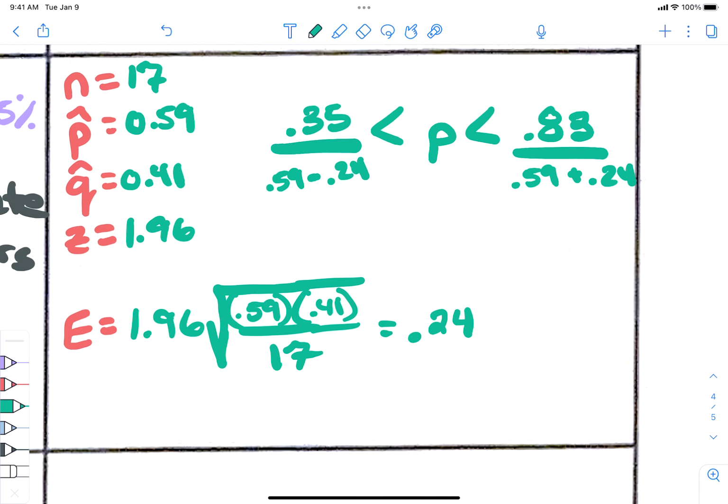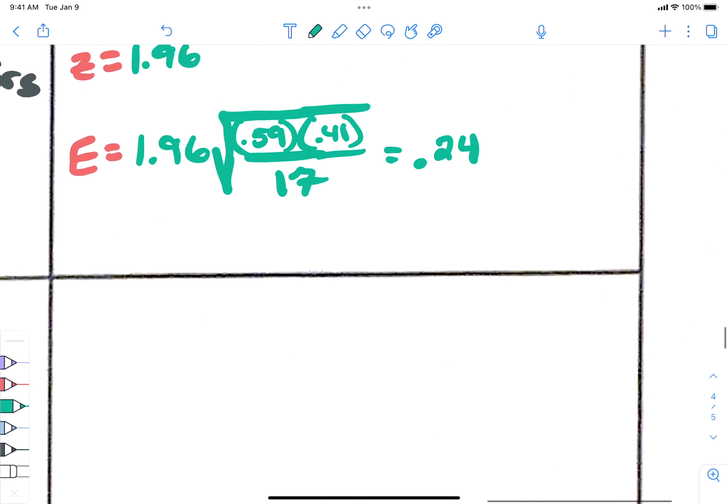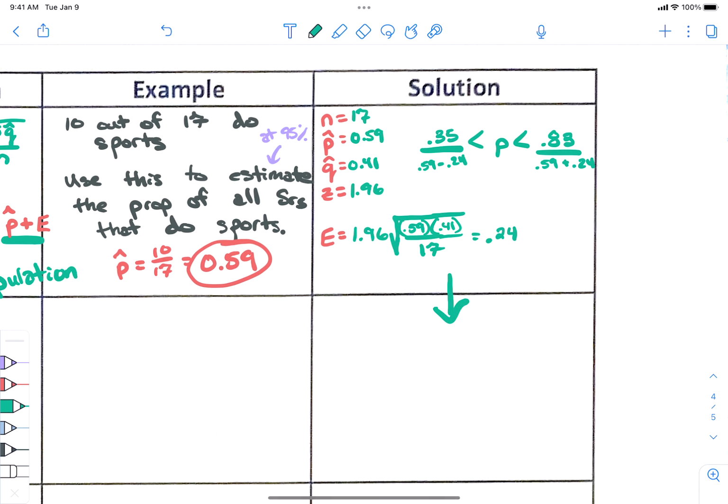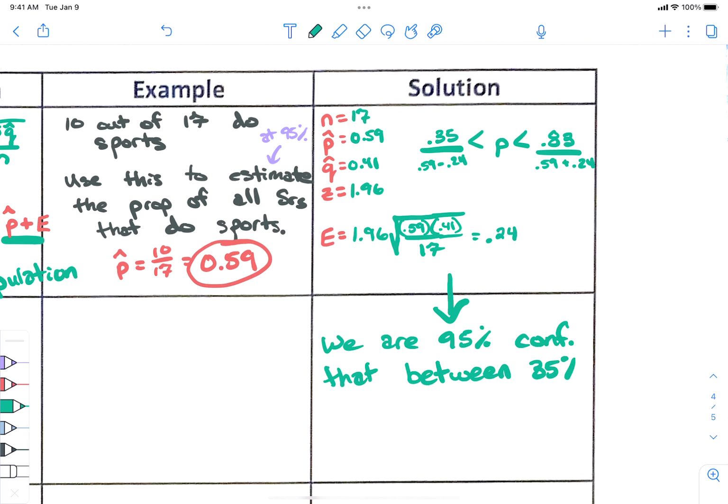Is that right? Probably. So now I'm going to go down here to this next box because we're not going to need all of these boxes, and we're going to do our interpretation of this. So we can say we are 95% confident that between 35% and 83%, I'm going to add one word, of all seniors at Blue Hill play sports.